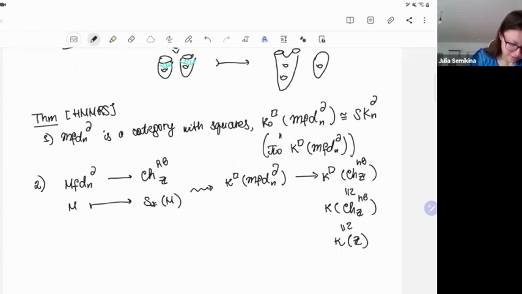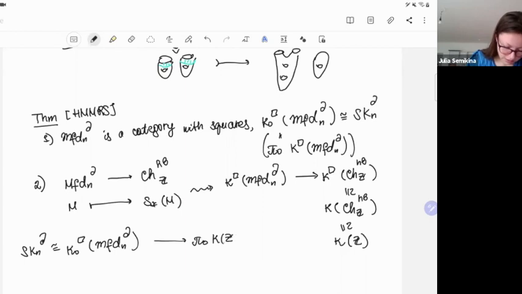And if we look at K naught of this, so K naught of squares, by part one, we know that this is SKn delta, and it should go to pi naught of K of Z, and this is just Z, integers. And what is this map?